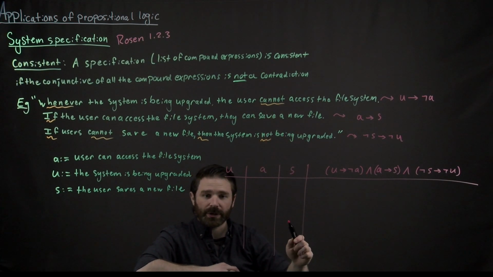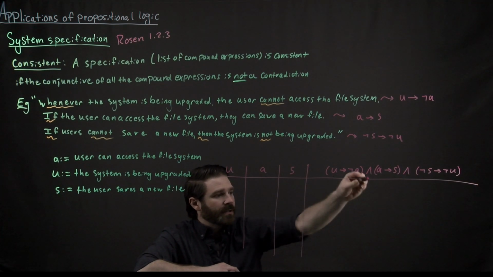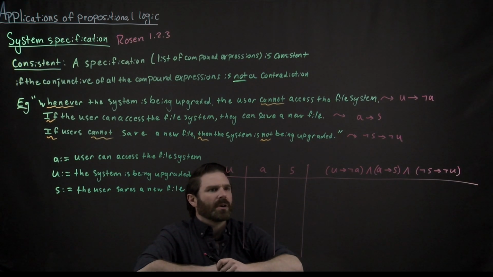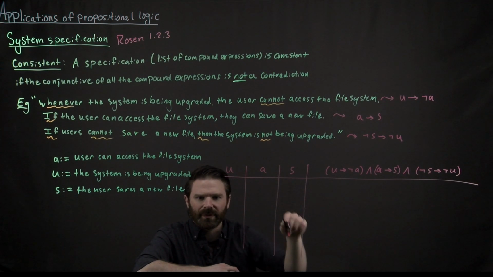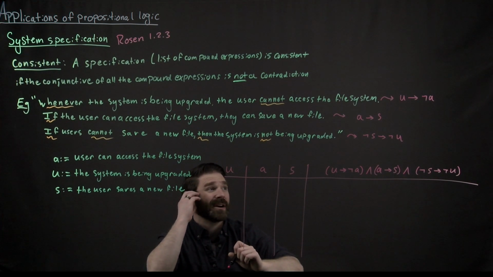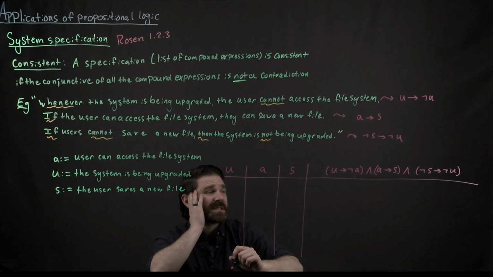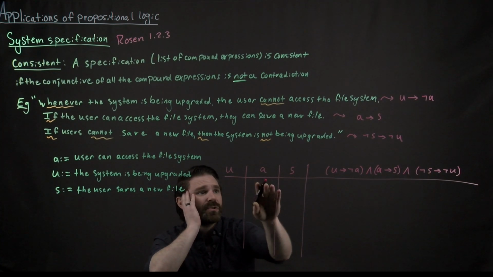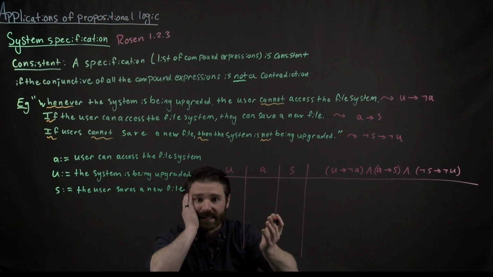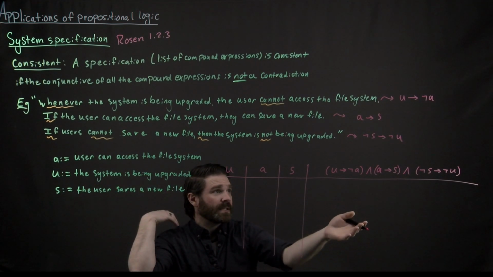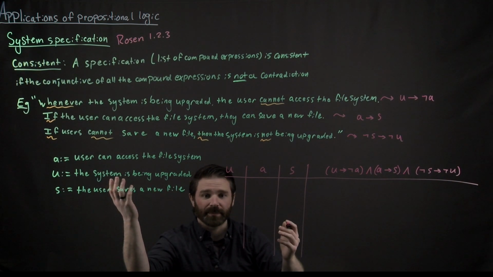And remember, a contradiction would mean that we have all falses. So this would be tedious to fill out all of these different truth values. So let's see if we can figure out some values of U, A, and S that would make this thing be true, at least in one instance. Because if we can make it true at least in one instance, then it's not a contradiction.